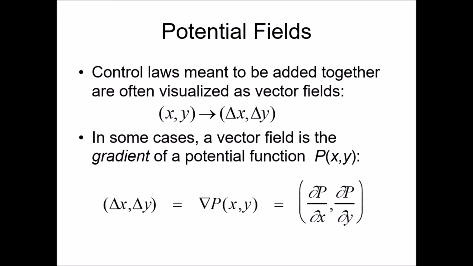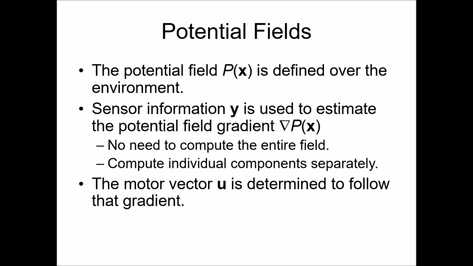This is the general equation for the potential fields. We represent it in terms of x and y as vectors, and the vectors can be defined as some sort of differential equation. For real implementation, we don't have to calculate the potential field for every location from the image.